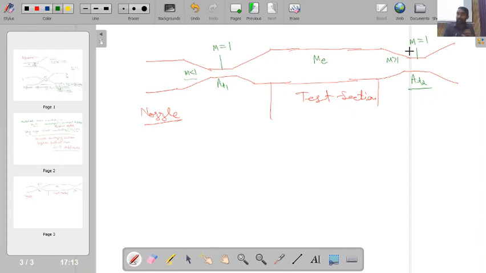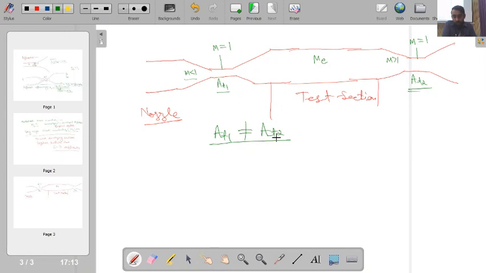It means the flow is approaching the throat under different conditions. That is the reason our area A1 will not be equal to A2. So now it becomes important to understand what the relation between these two throats will be.